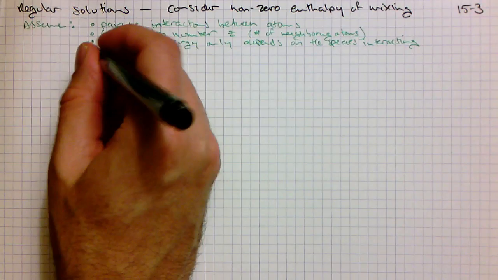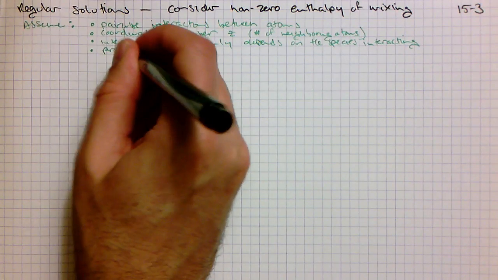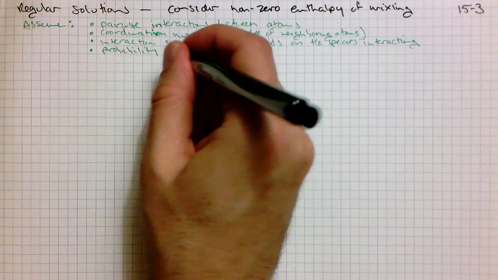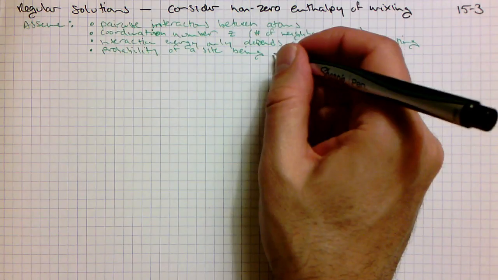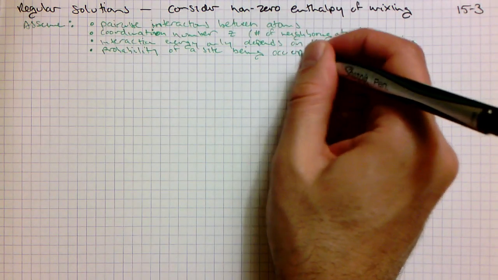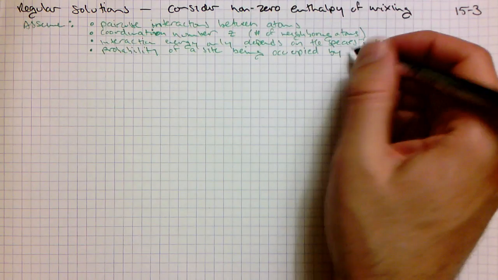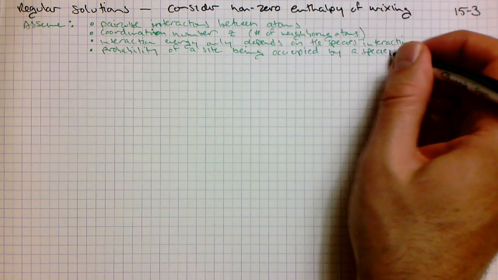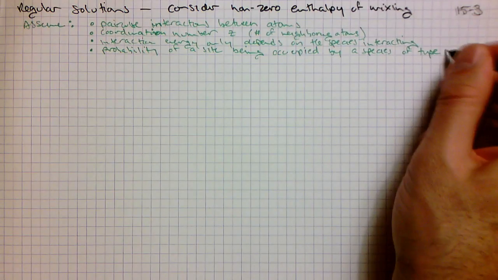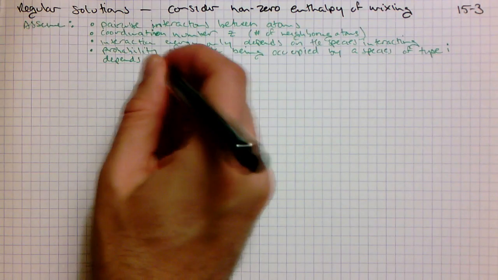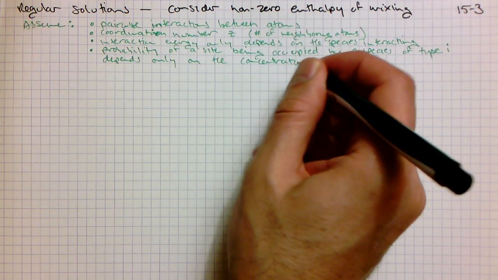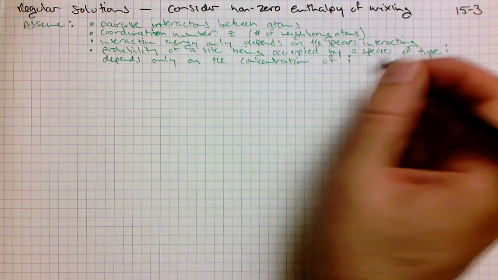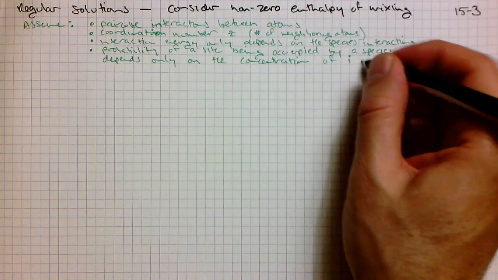And also that the probability of a site being occupied by a species of type I depends only on the concentration of that species, so of I atoms.